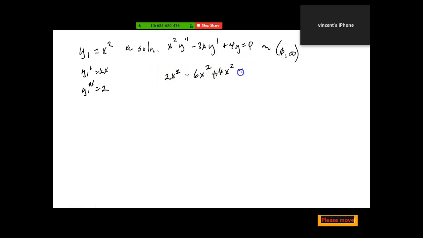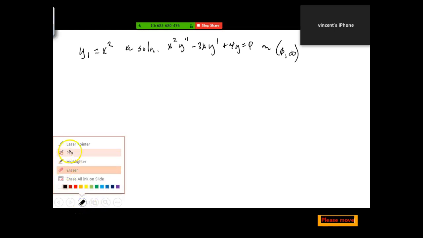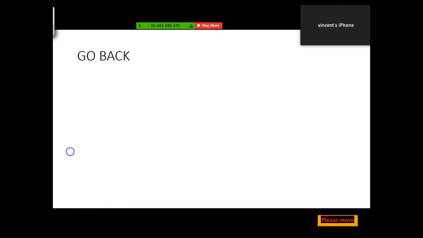Is that equal to 0? Sure enough it is. 2x squared plus 4x squared is 6x squared, and 6x squared minus 6x squared is 0. So indeed that is a solution. That wasn't necessary to do, but I never want to trust them if there's a chance they wrote something wrong and we're going to try to do something that is impossible, which it would be if we assumed that was a solution and it wasn't.